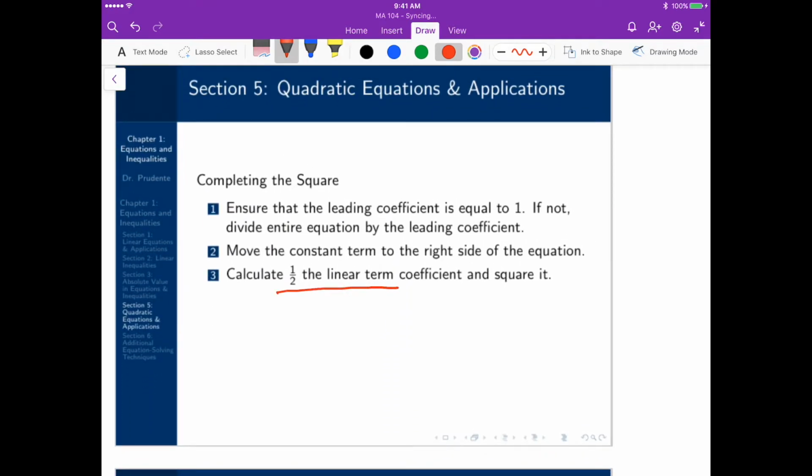What we want to do is have something like, for example, x squared plus 4x equals 12 by the time we're done with this step. Our goal is to come up with a value for this, and it turns out that value is going to come from this piece being squared right here.